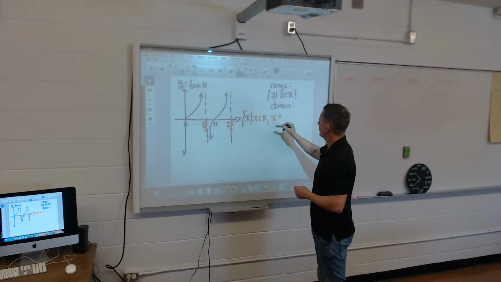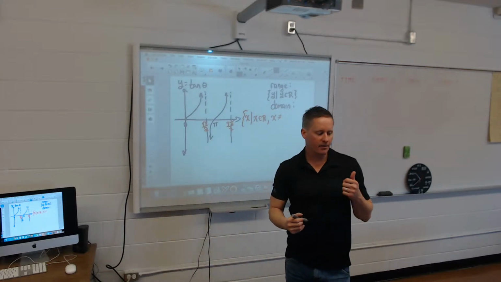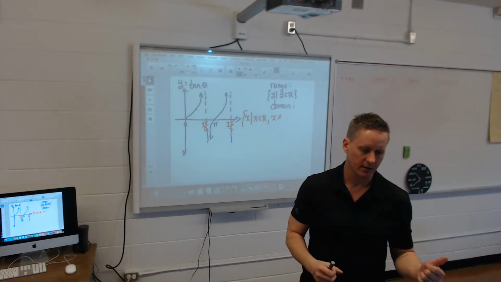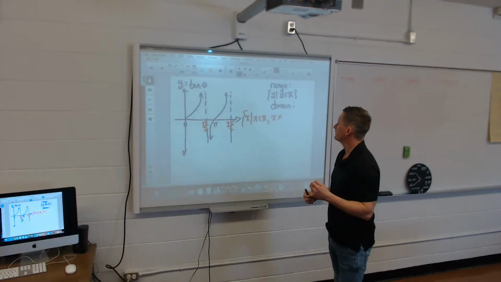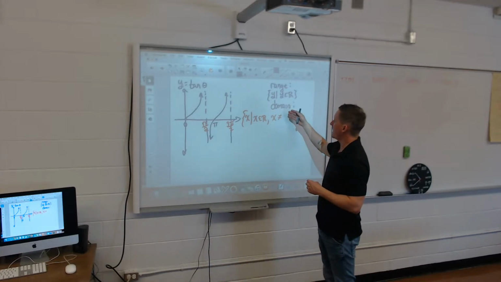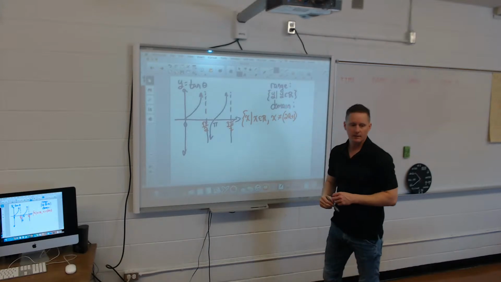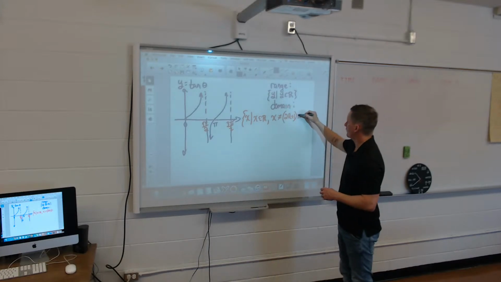X cannot equal. Now, if you remember from the sine and cos section, to make something an odd number, I write it as 2k plus 1, and then pi over 2.